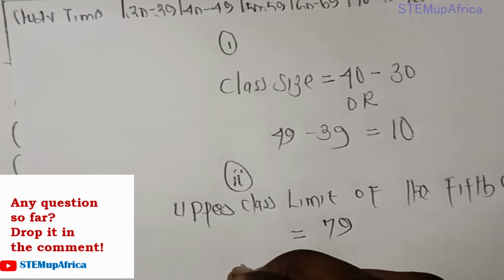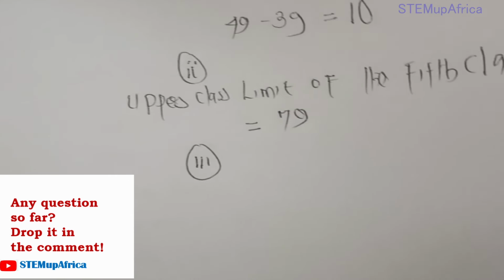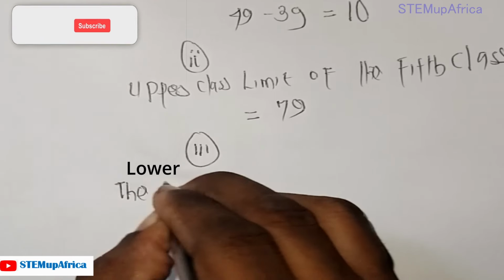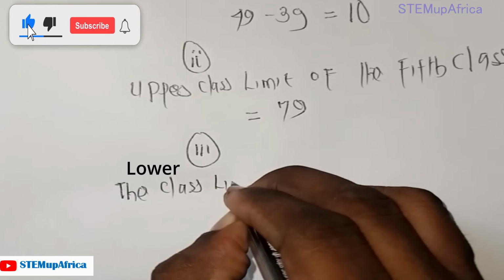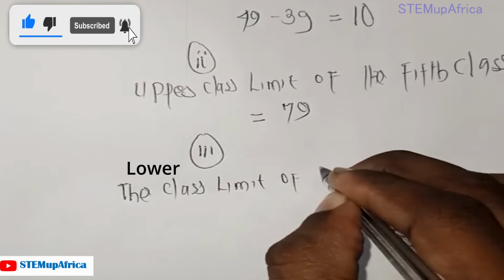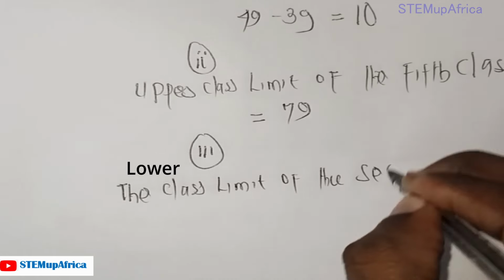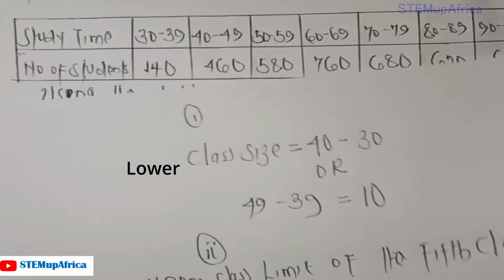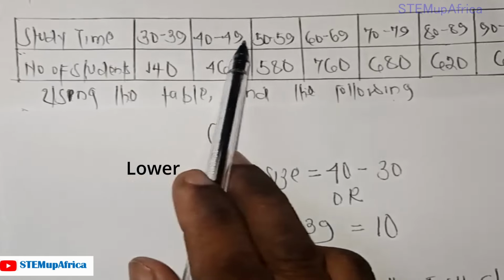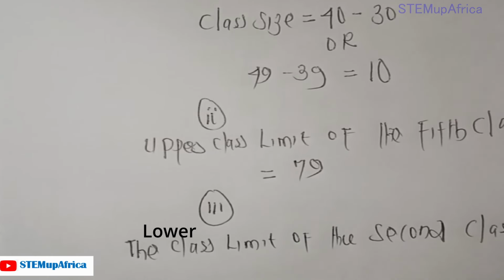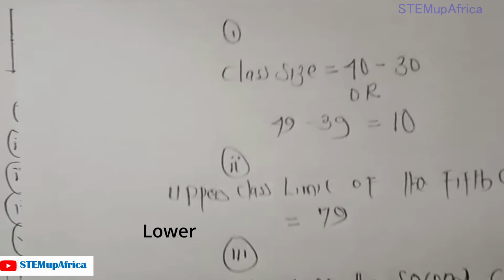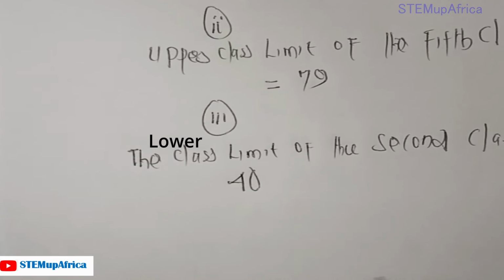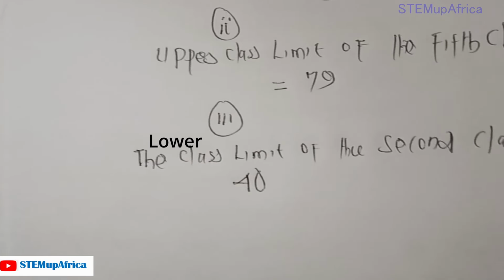So the lower class limit of the second class, you can tell directly from the table, is simply 40.